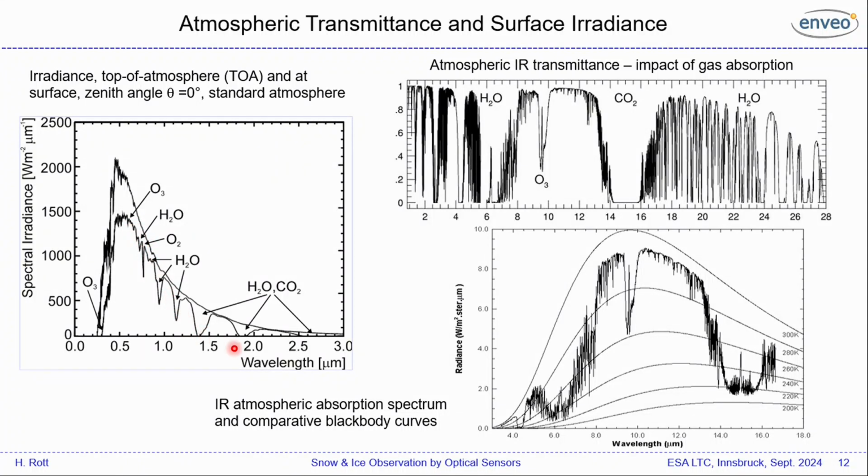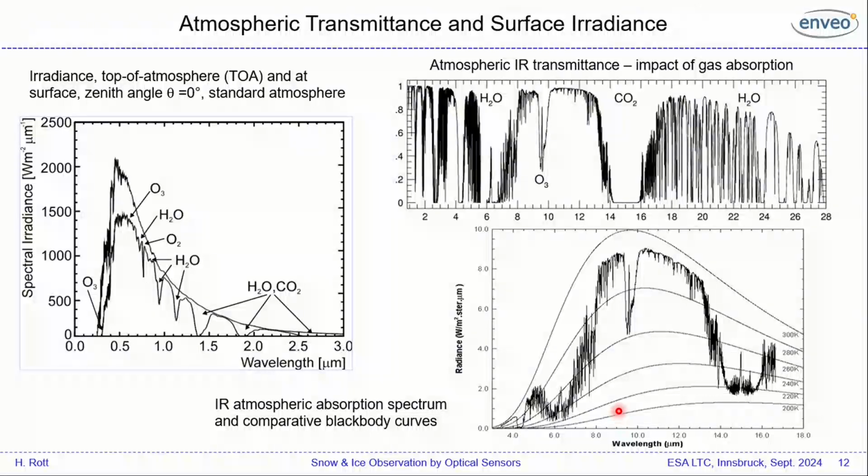Then you start with different absorption bands. It gets more important, of course, in the near infrared. And these are the wavelengths which a sensor like Sentinel-2 MSI uses, for example, to compute the water vapor. But for measuring surface reflectivity, you avoid this band.